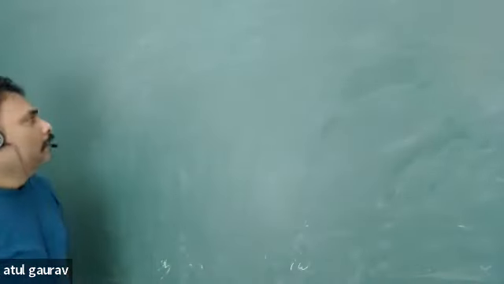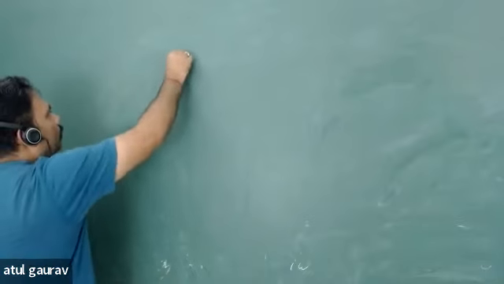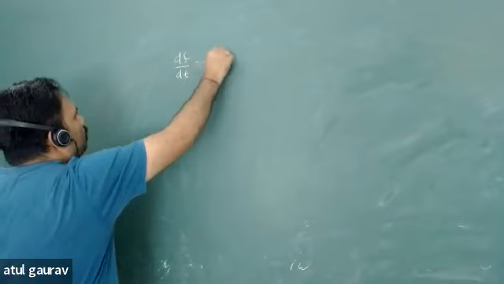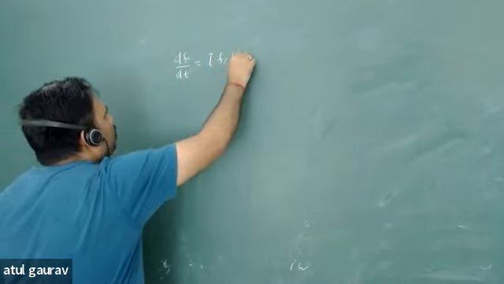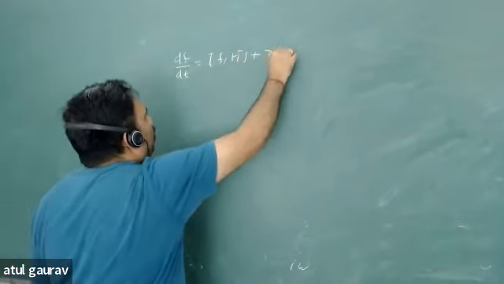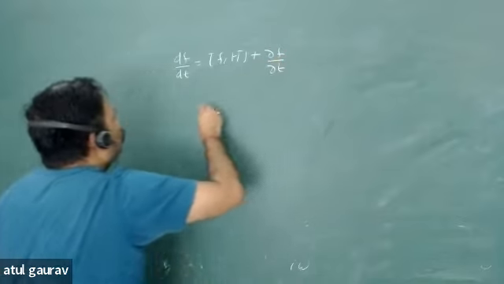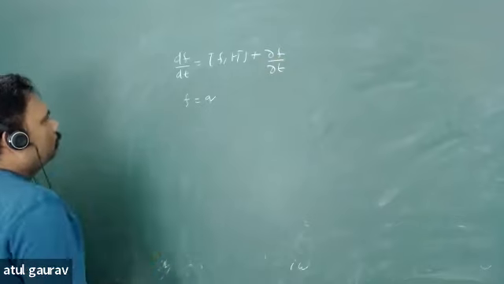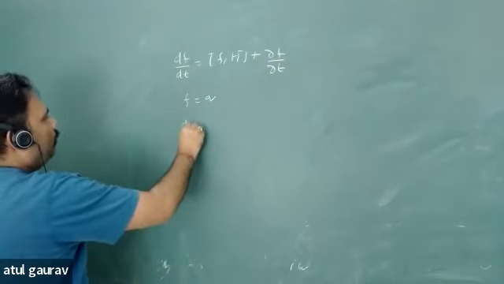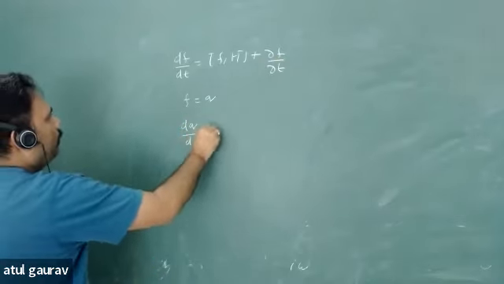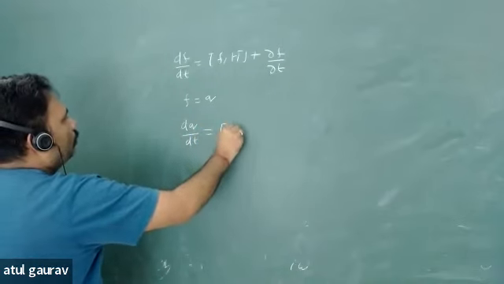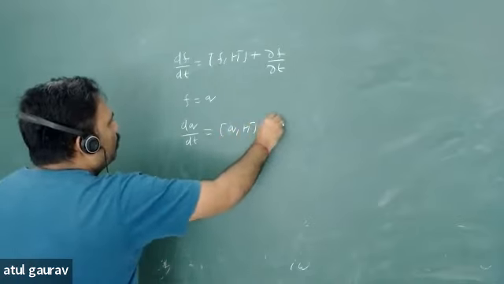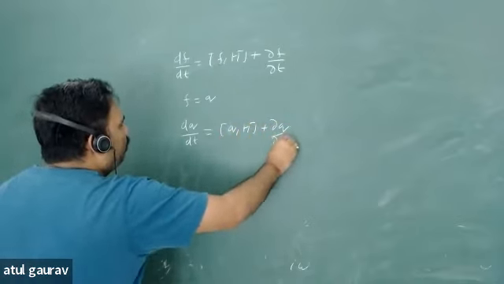Okay, good. So we have df/dt = {f, H} + ∂f/∂t, and let's say f = q. Then what will happen? dq/dt = {q, H} + ∂q/∂t.